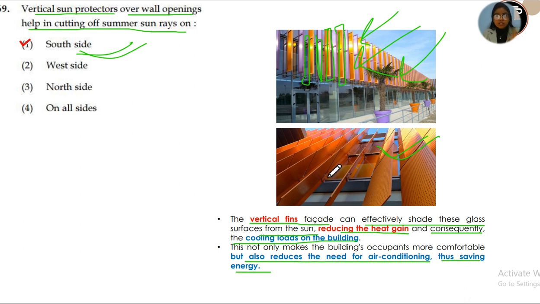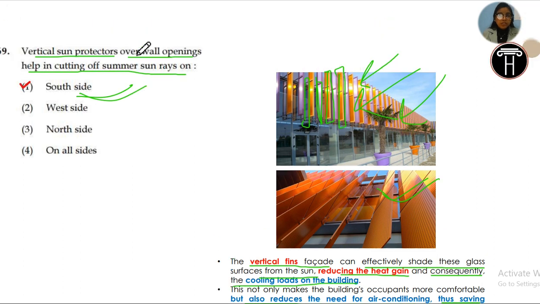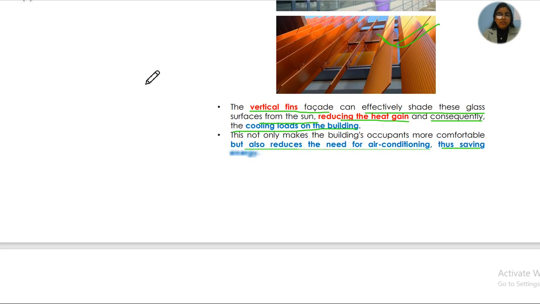These big openings are used to cut out the sun rays, and also for ventilation of air. So it is giving you natural sunlight and ventilation. In this manner it is saving the overall energy of the building. That's why vertical sun protectors are mostly used in the south direction.